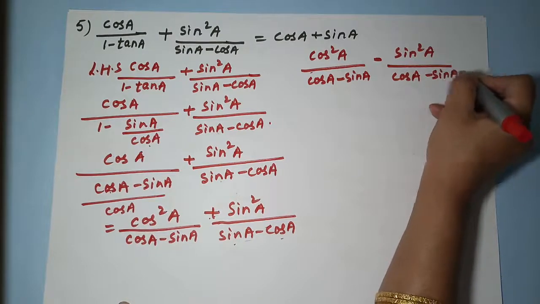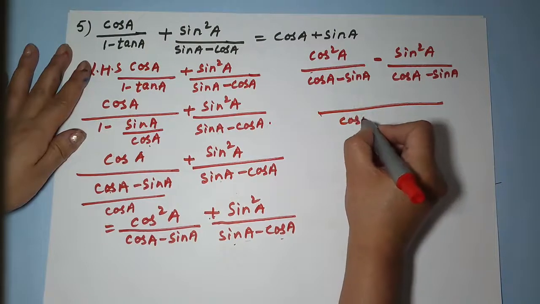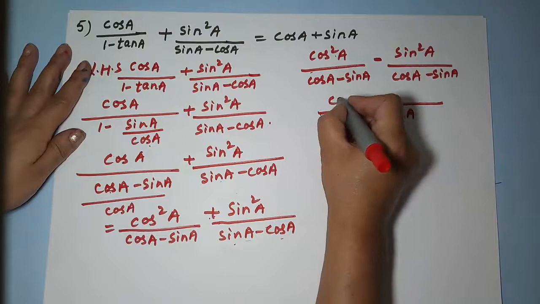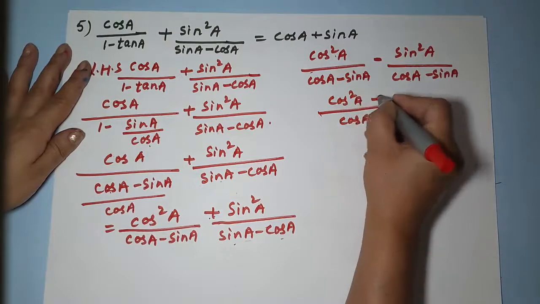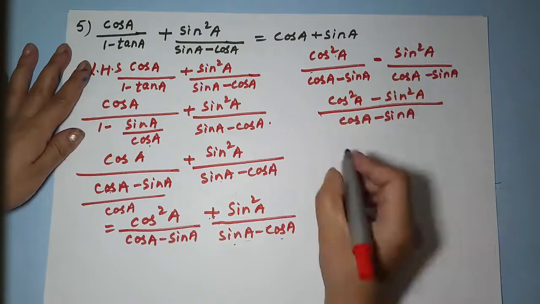Now it is easy for me to take the LCM. Now I'll take the LCM as cos A minus sine A. So what is left here? Cos square A minus sine square A. Now this is A square minus B square.